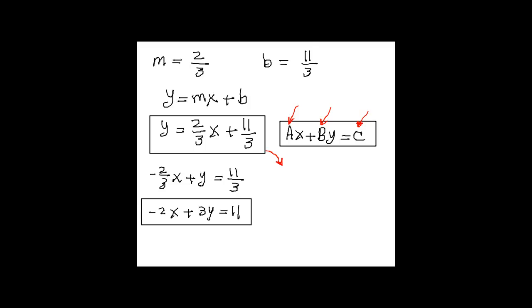Look, we have y is equal to 2/3 x plus 11/3. This is in slope-intercept form, which everybody got that part. Now, in order to write in standard form, I have to subtract 2/3 x from both sides of the equation, so I can move the 2/3 x to the left.